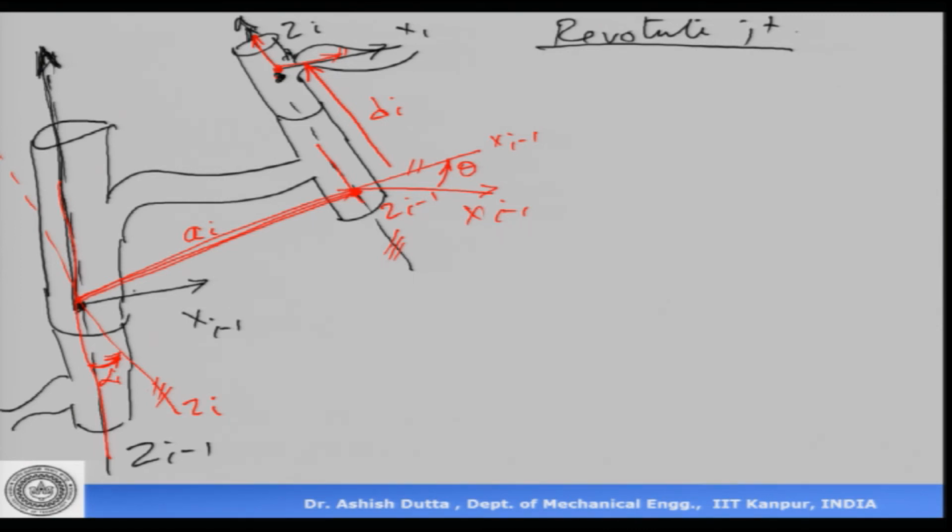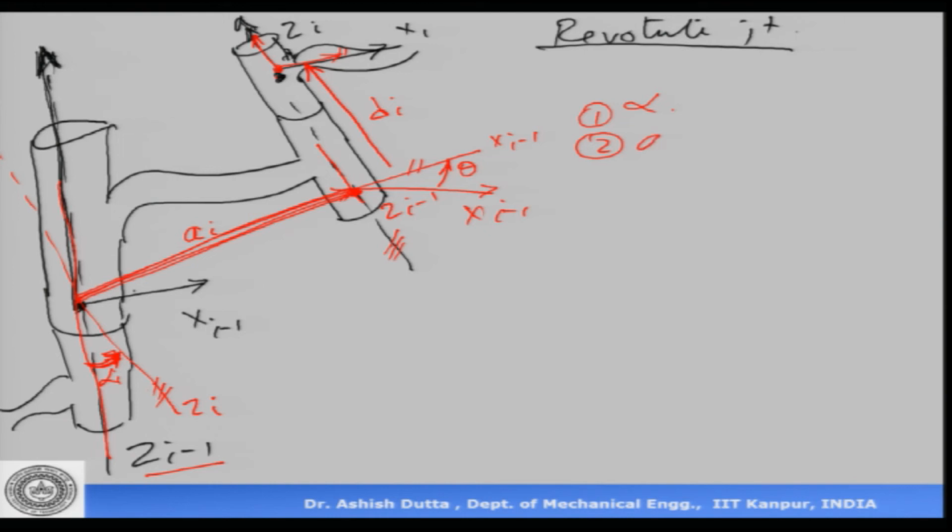Now, how many transformations were involved, how many rotations and how many translations? So, first what did we do? First we rotated z i minus 1 by an angle alpha and made it parallel to z i. Then I moved the origin by a distance a i from here to here.